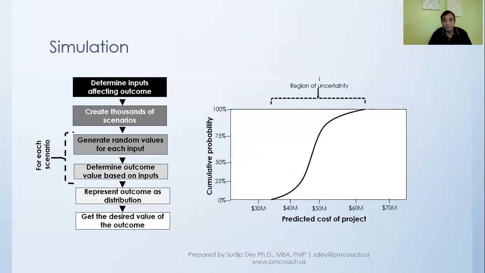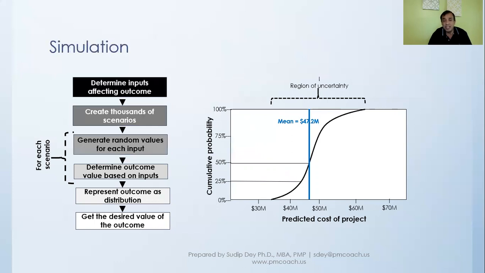This point on the curve has 25% probability. And here it is 50% probability, and the value here is 47.2 million.